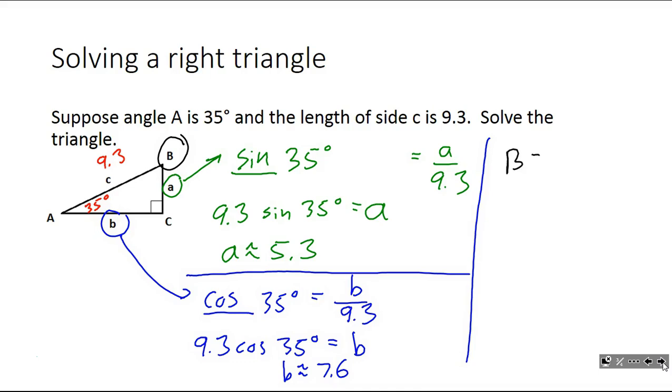So to get angle B, we could take 180 degrees minus the sum of the 90 and the 35. 90 and 35 give 125. So B would be equal to 55 degrees. And we're done. We've solved this right triangle.